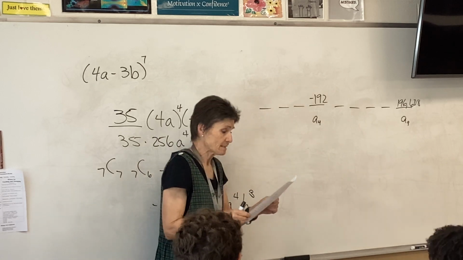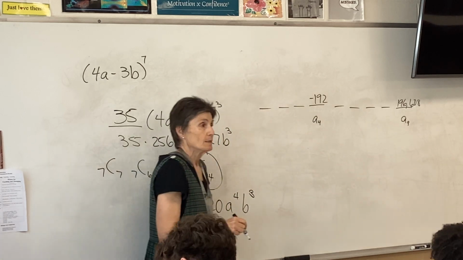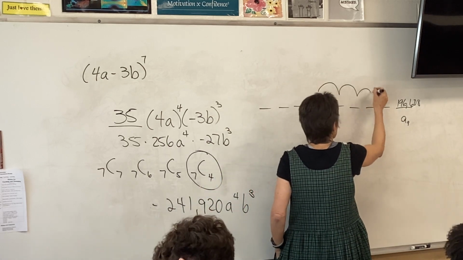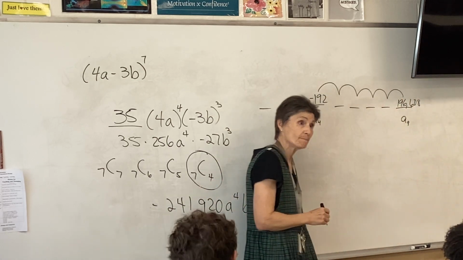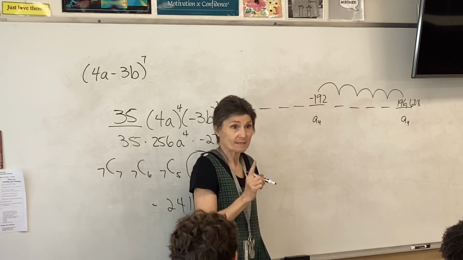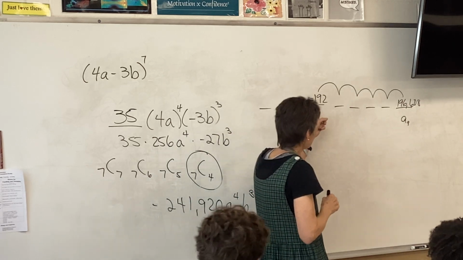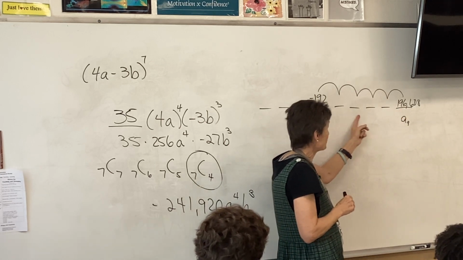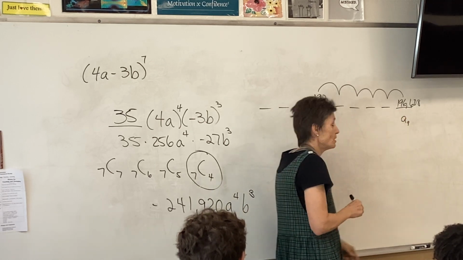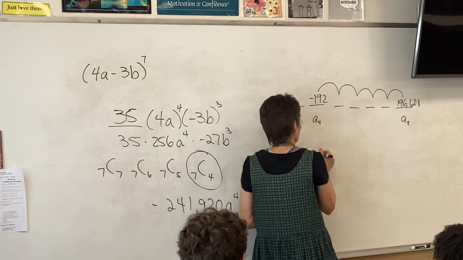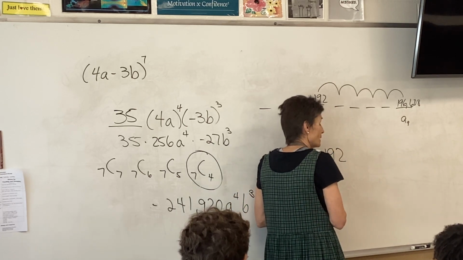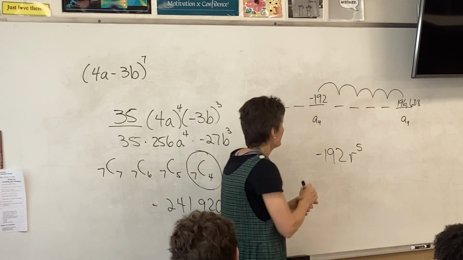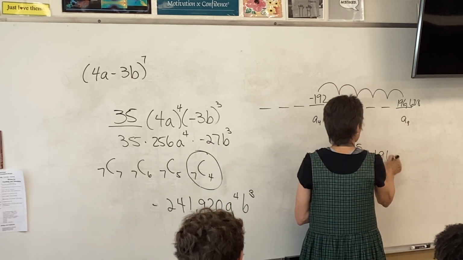Now, what does it mean to be geometric? It means that to get from here to here to here, we multiply. So to get from negative 192 to this number, I have to multiply 1, 2, 3, 4, 5 times. So I have to take negative 192 times my ratio 5 times to end up at 196,608.